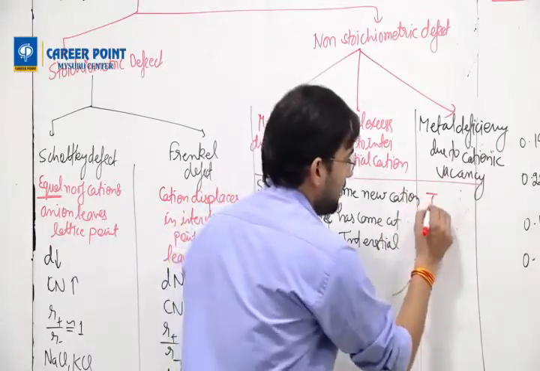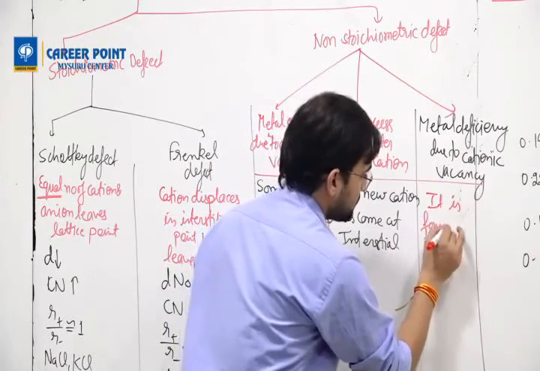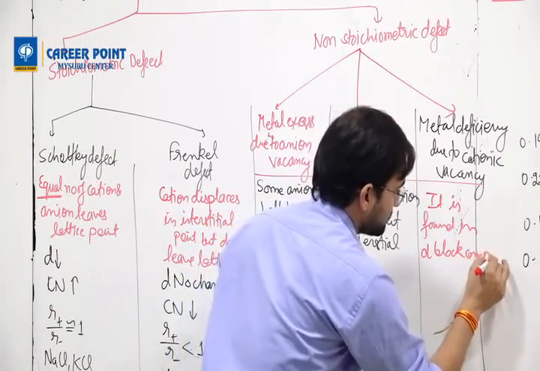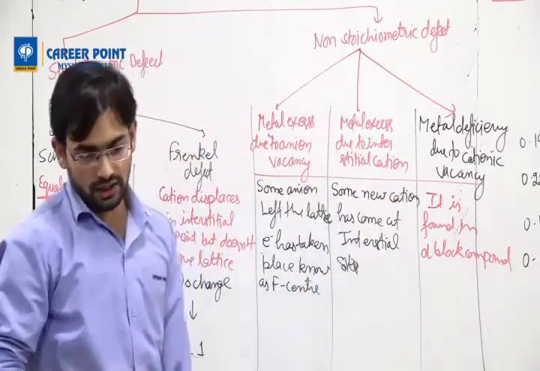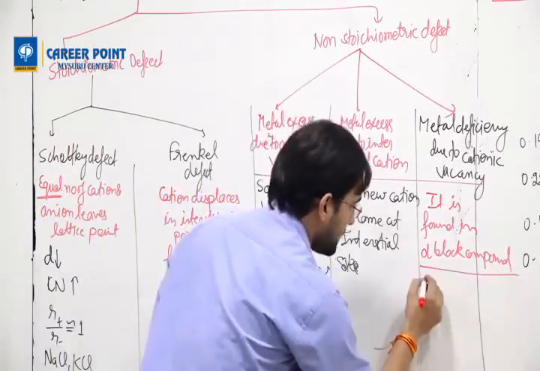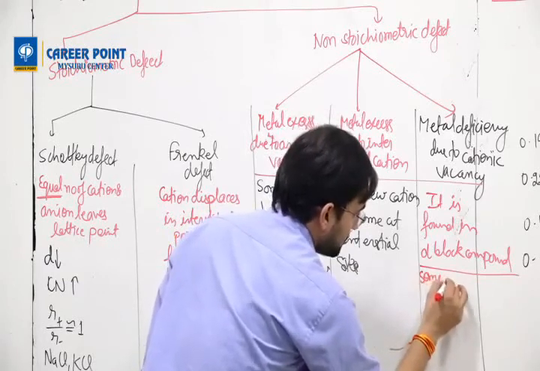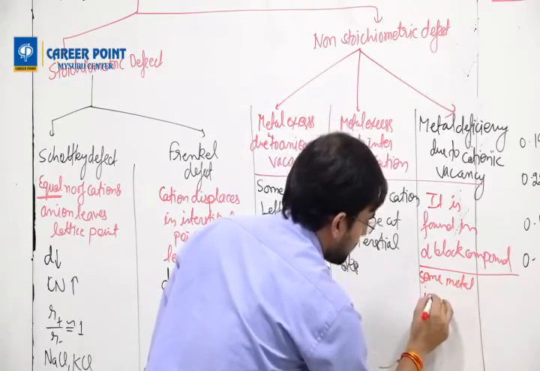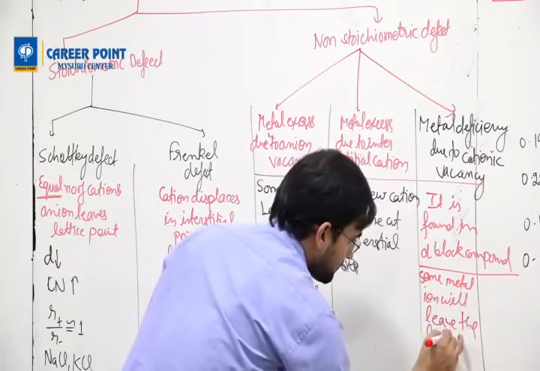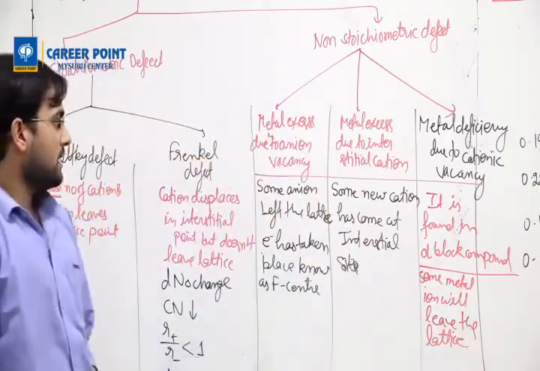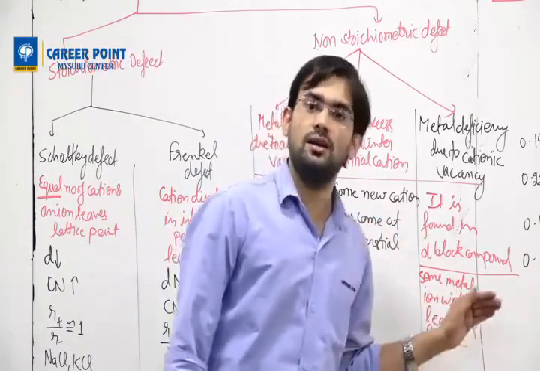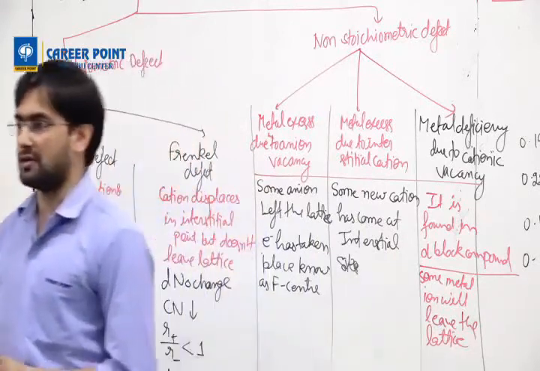It is found in D block compounds. This is important. In this case some metal ion will leave the lattice point. Understand?